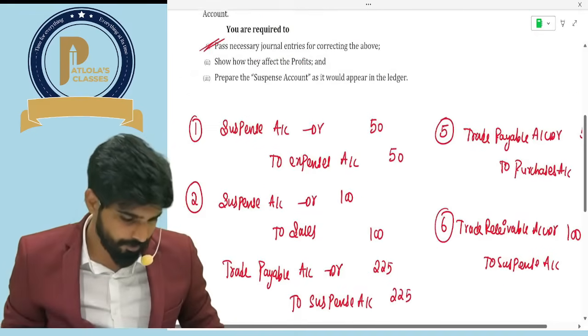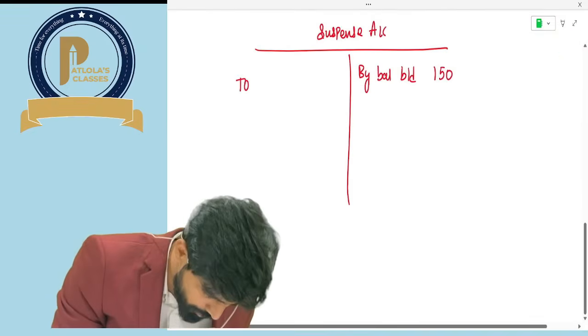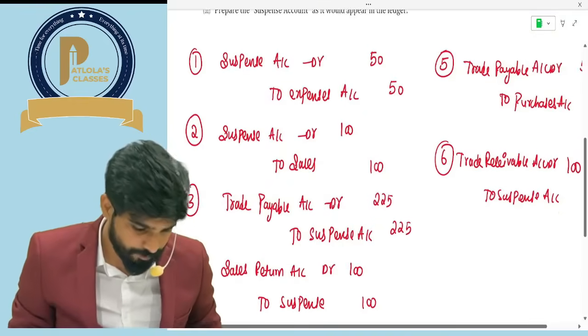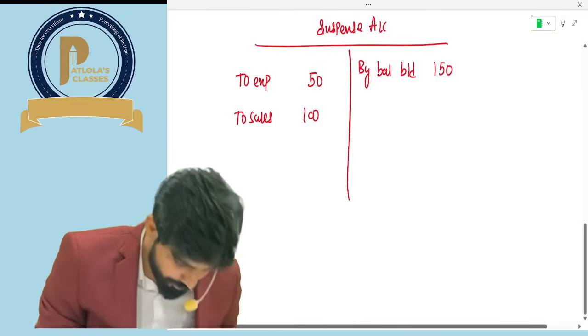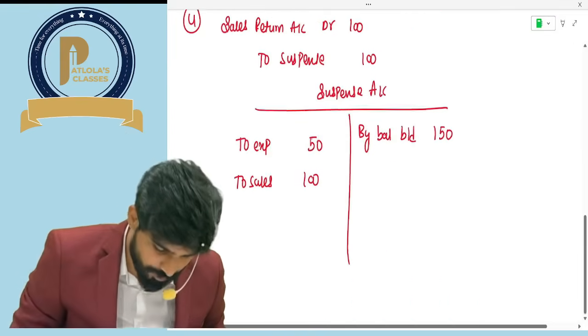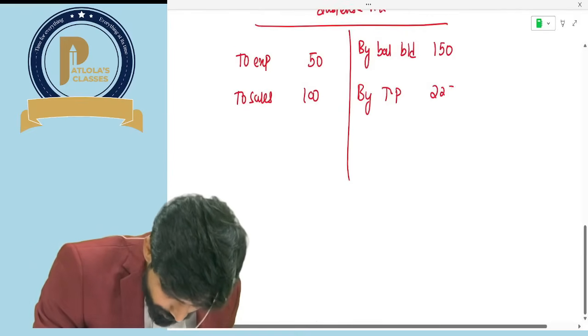Next, first entry made is suspense account debit to expenses. It will be to expenses 50. Next, second one, suspense to sales. It will be to sales 100. Next, coming to the third one, trade payable to suspense. So in suspense, by trade payable 225.